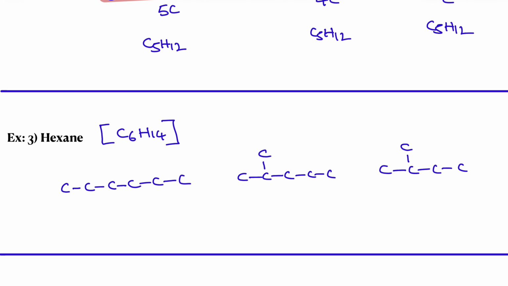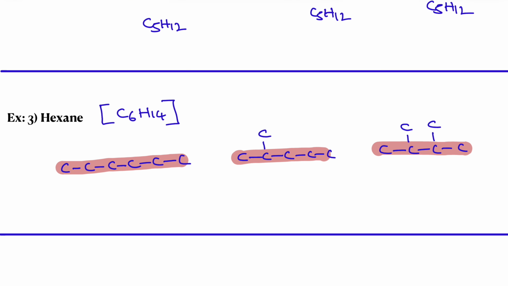Here one branch, here one branch. So this is the first one. It is a 6 carbon chain. It is a 5 carbon chain. It is a 4 carbon chain. They have same molecular formula, but length of carbon chain is different. Therefore, these are said to be chain isomers.